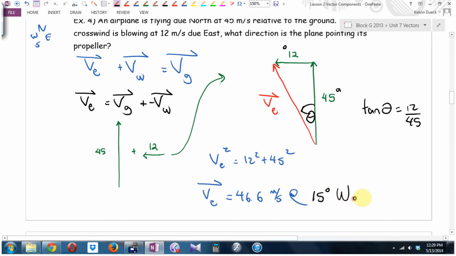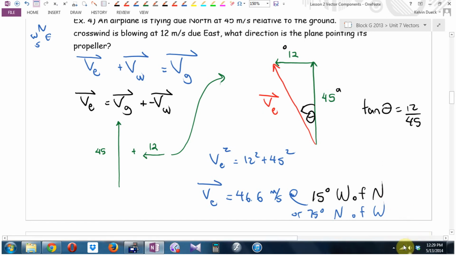Okay, 46.6 meters per second. By the way, Manny, this is actually a much more useful question because in real life, if a pilot knows where it wants to end up and knows the crosswind, what the pilot has to decide is, how will I point my plane?